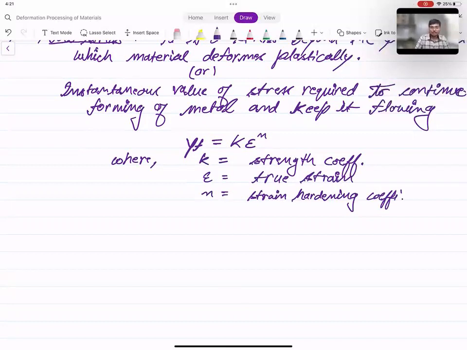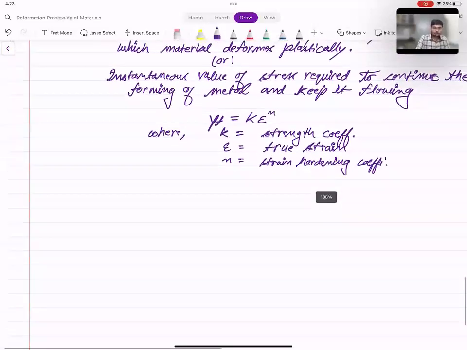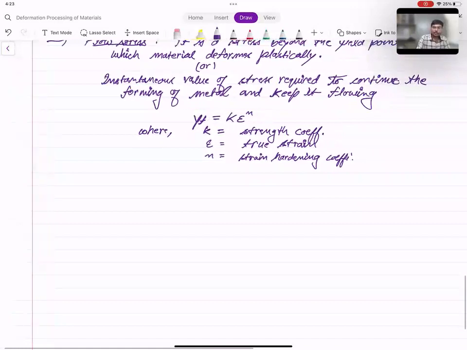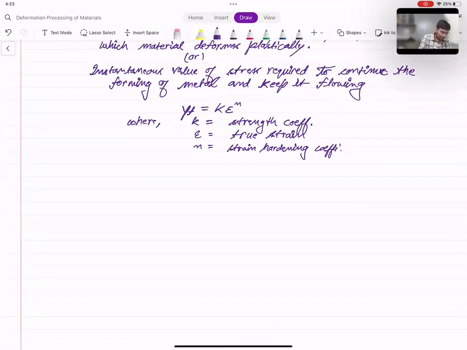Okay, so these were some fundamental things we need to know before going into the details of various forming operations. Also, there is a term frequently used in these processes, known as the average flow stress.